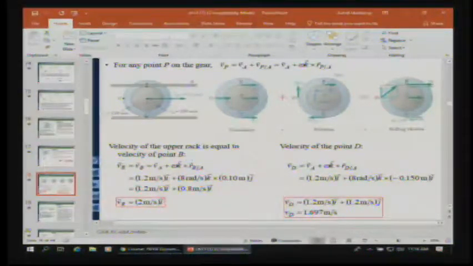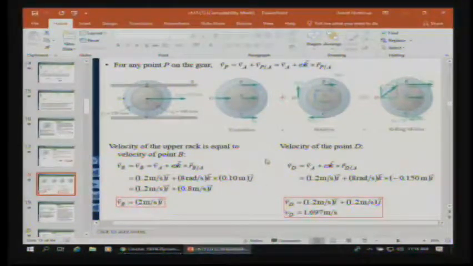So if we talk about the velocity of the upper rack, which is right here, that is equal to the velocity of B, because they're going to be the same, and that velocity of B is going to be equal to the velocity of A plus the rotation of B about point A. So we have the translational velocity here, and then we have omega crossed with r, which is 0.1 in the y direction, right? So we add that together, k cross j is an i, and they actually just add together, which is what we sort of intuited in the beginning.